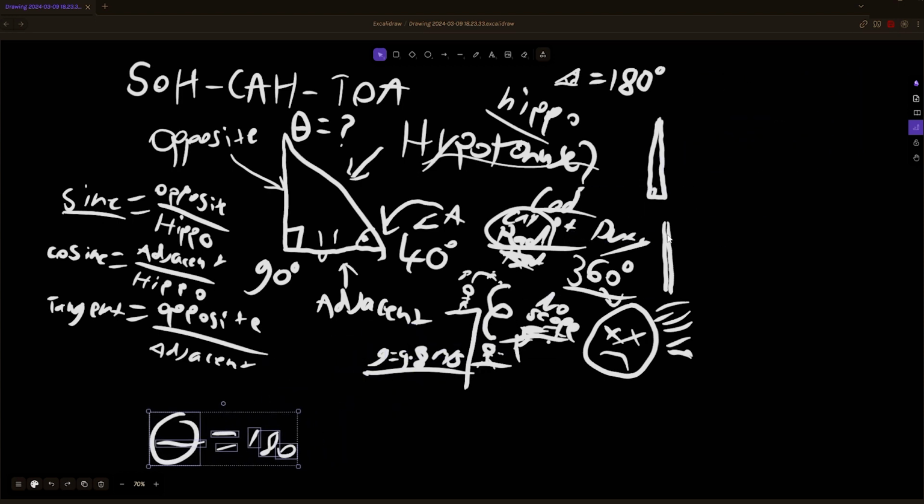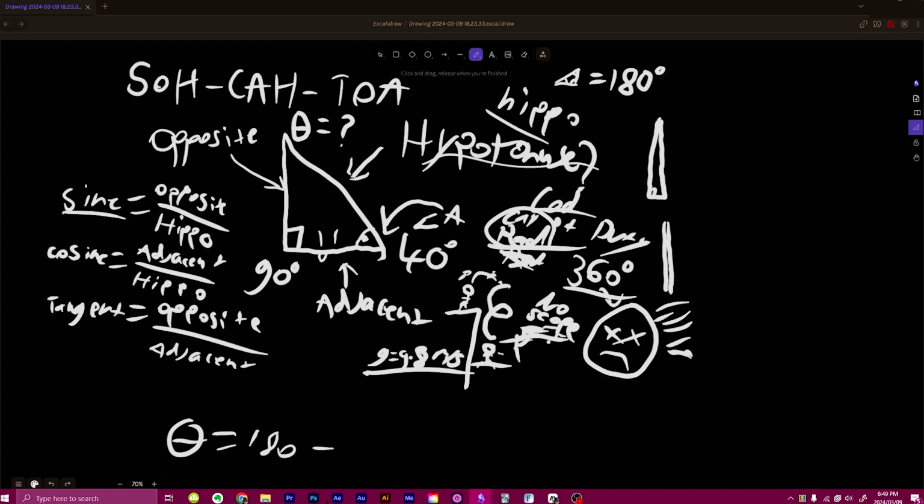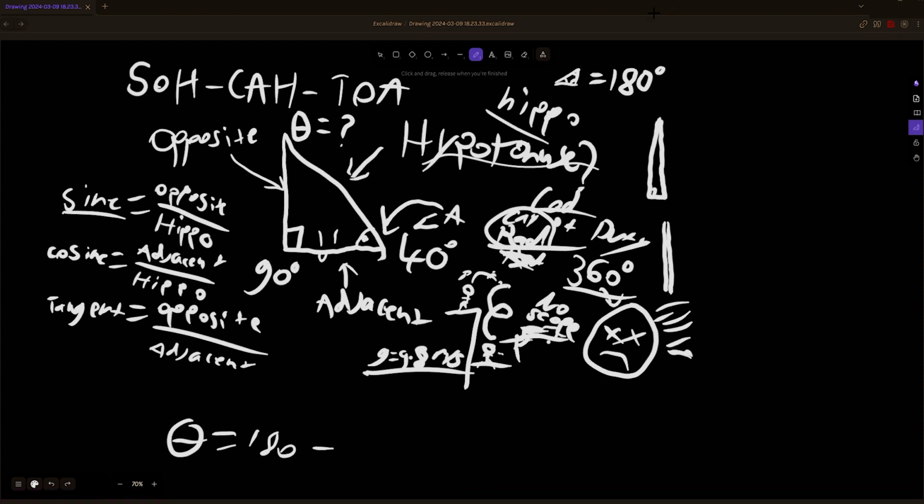Theta equals 180 minus that 90, in this case we could write right angle, but I'm just going to write 90 for simplicity, and technically we could write degrees, but I don't want to, and then minus 40. So we've got theta equals 180 minus 90 minus 40.